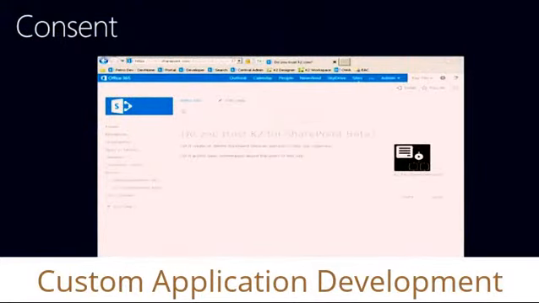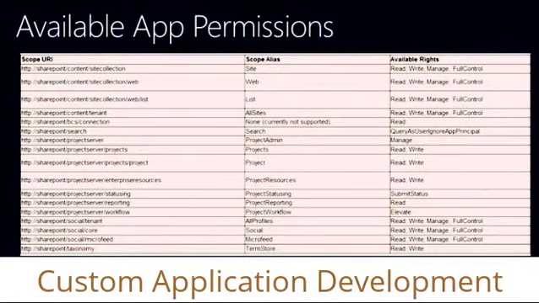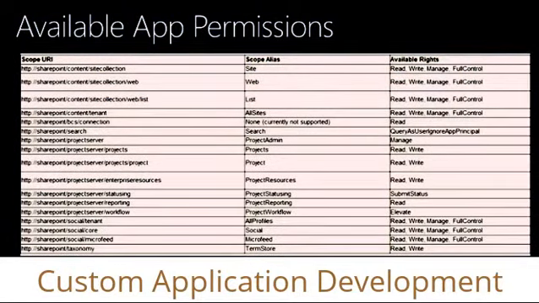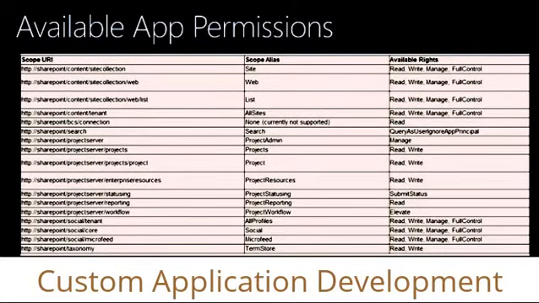Now, there are a couple of different things that can happen. There are many different permissions you could request. At the highest level, on a site collection level, you can request permissions like read, write, manage, and full control. Important to note, and this is a landmine a lot of people are stepping on: if you want to publish an app to the public app store, it cannot request full control at any scope level.